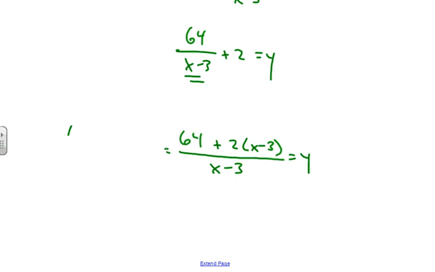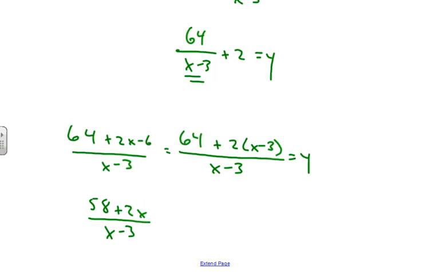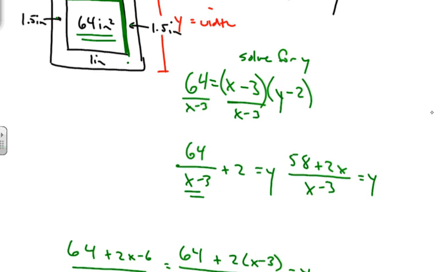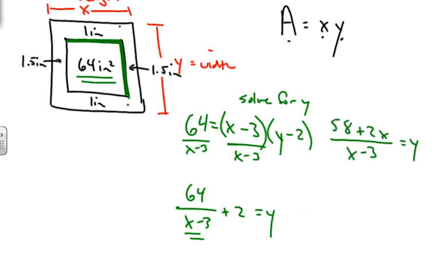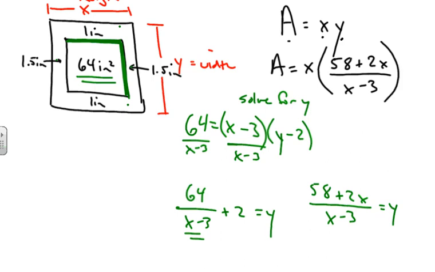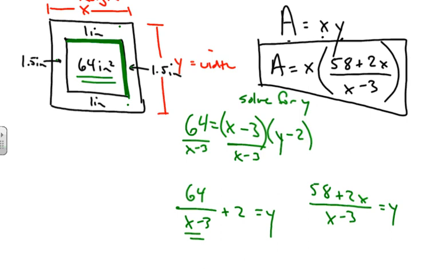So we have 64. Using this, we're going to take this portion to the right, that we can use for the max and min.